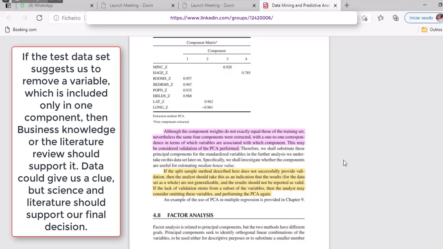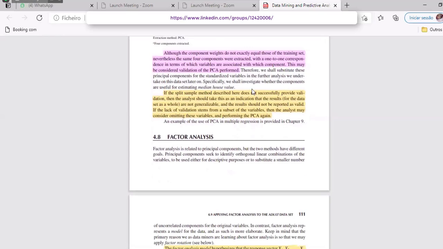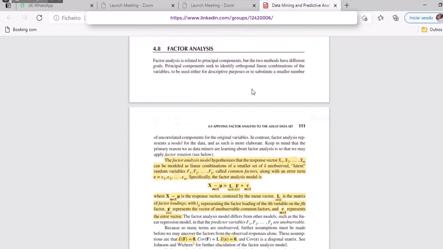And if there is something wrong there, we have to investigate what the problem is and try to solve it. Okay, so if this weight drops very much, it doesn't mean definitively that we should omit. Exactly.